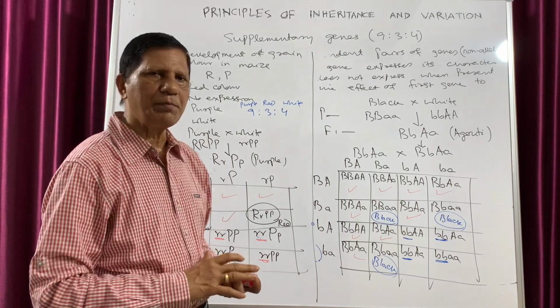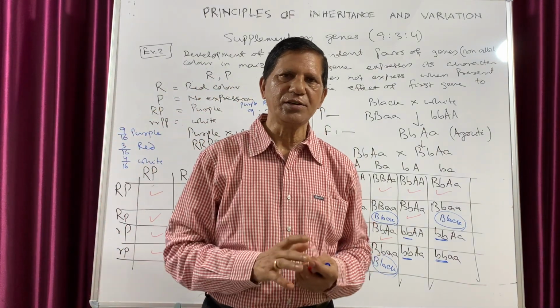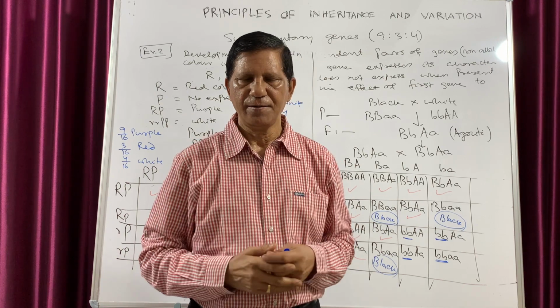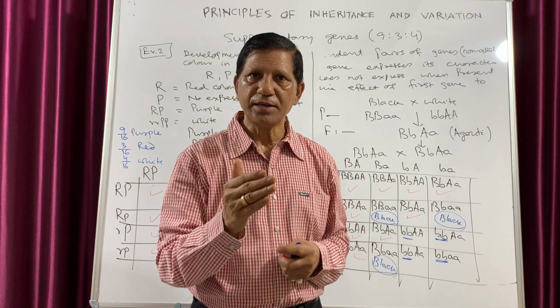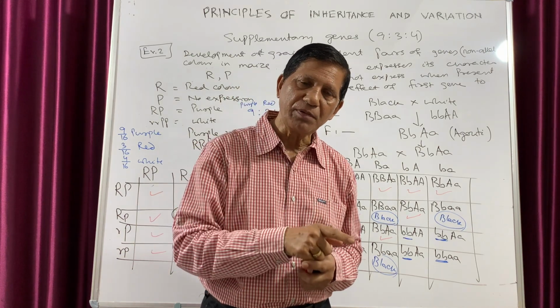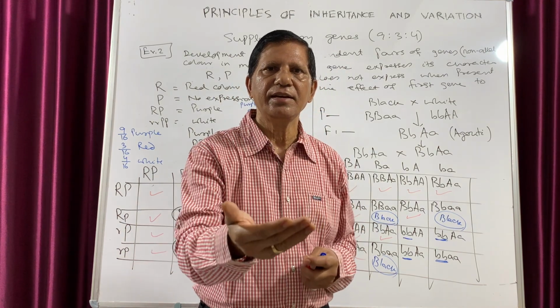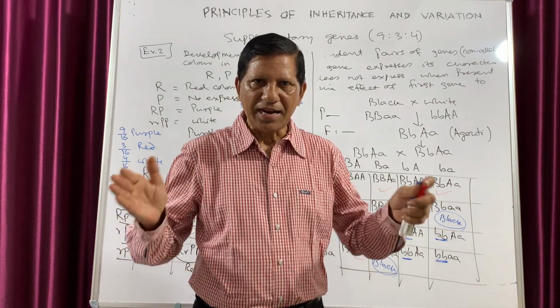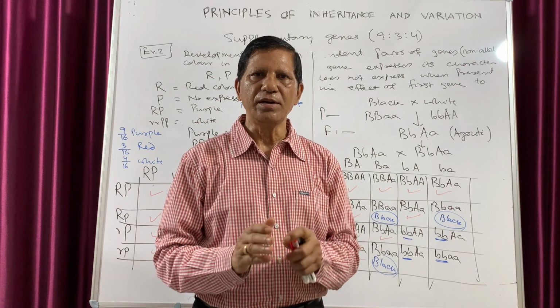So in case of supplementary gene interaction, one gene expresses its character, but the other gene doesn't produce its character. But when it is present along with the first, it enhances the effect of the first one. So the interaction between them is usually supplementary.